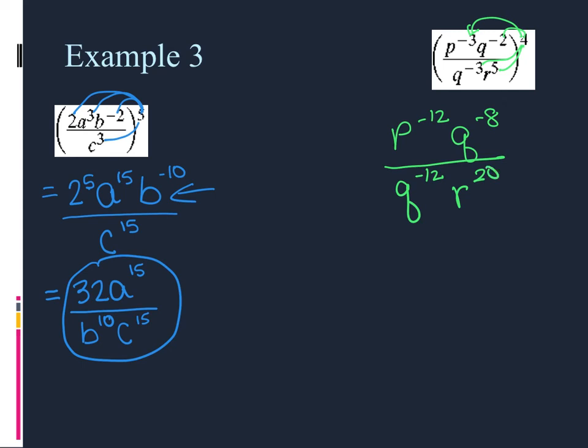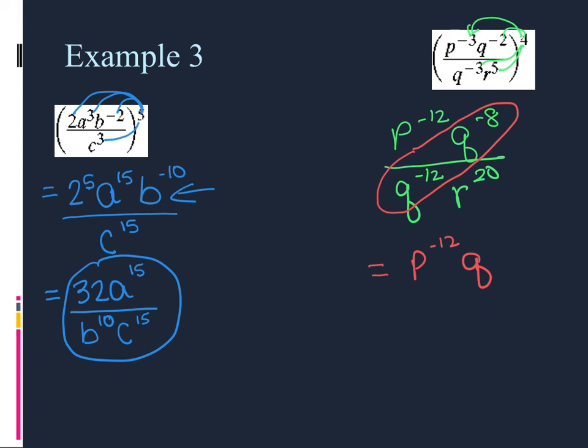Now, when I look at this right away, you can do this in a couple different ways. I personally notice that I have a q in the top and a q in the bottom. So I'm going to address that first. So this gives me p to the negative 12. And remember, I'm going to end up subtracting because I'm dividing.